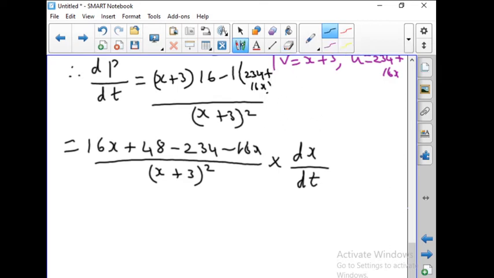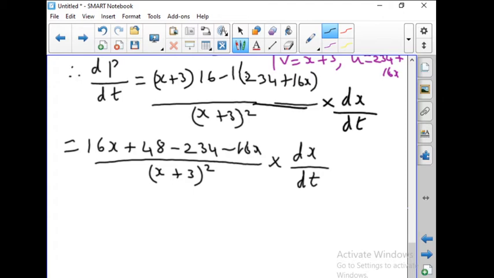So now 16x and 16x get cancelled. 48 minus 234 gives minus 186 by x plus 3 the whole square, into dx by dt, which is 15.